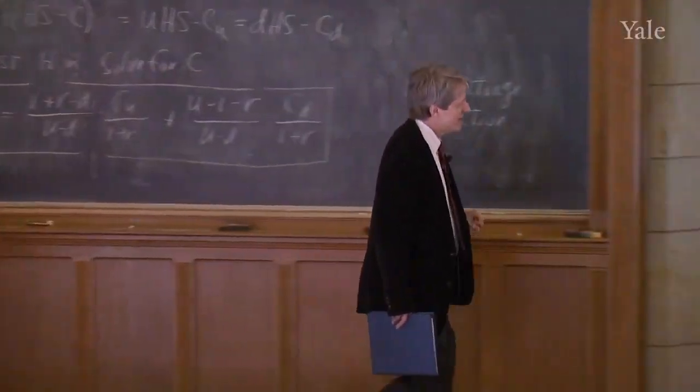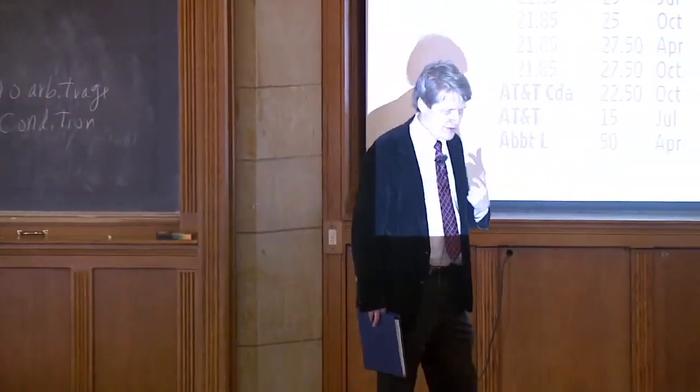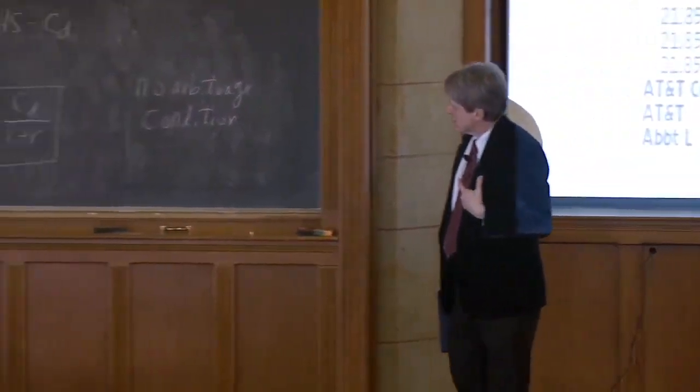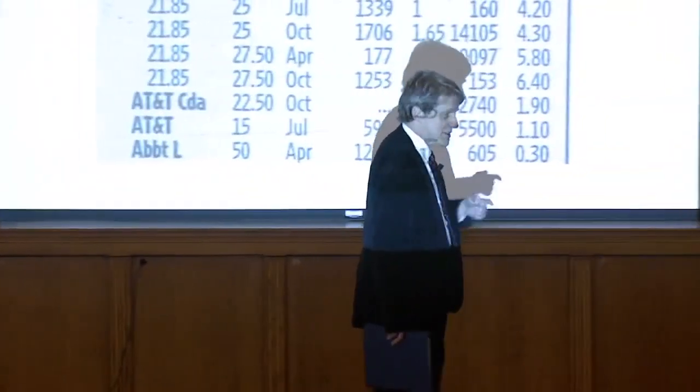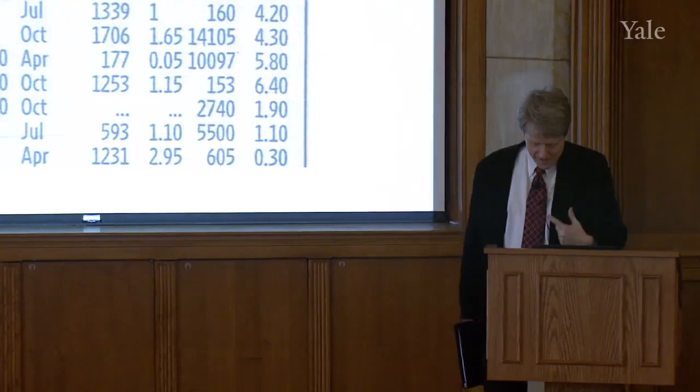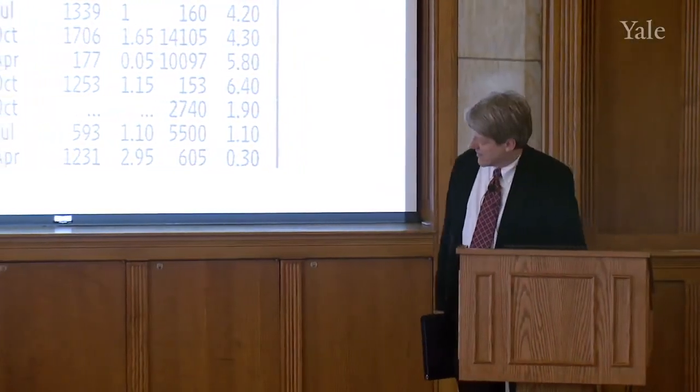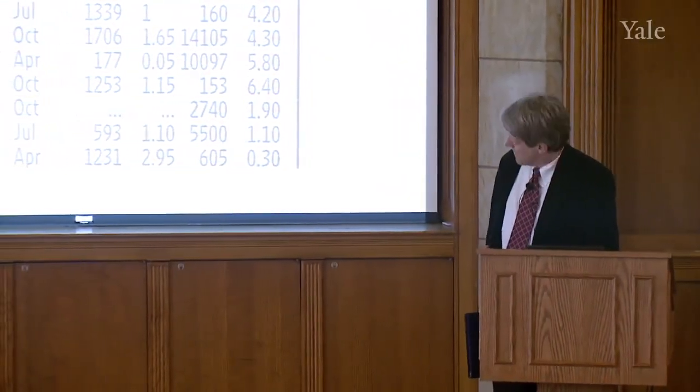So that leads me then to the famous formula for options pricing, the Black-Scholes option pricing formula, which looks completely different from that, but it's kindred because it relies on the same theory.